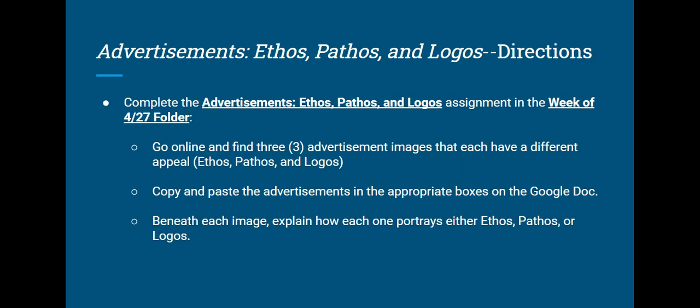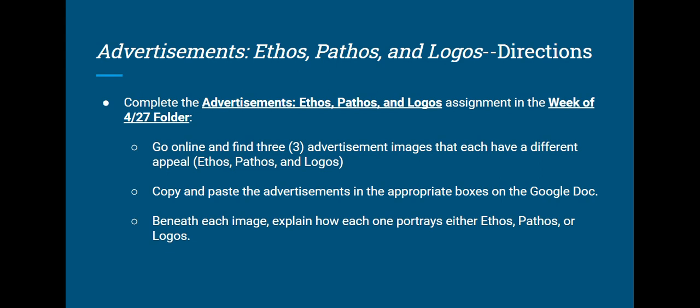And then the second assignment for the week, we're going to talk about advertisements as ethos, pathos, and logos. All I want you to do is to go to the advertisements, ethos, pathos, logos assignment in the week of 427. And I want you to go online and find 3 advertisement images that each have a different appeal. One for ethos, one for pathos, one for logos.